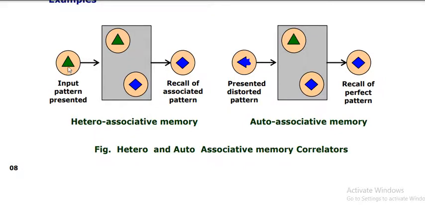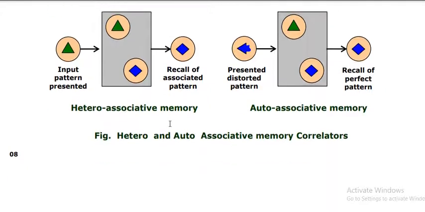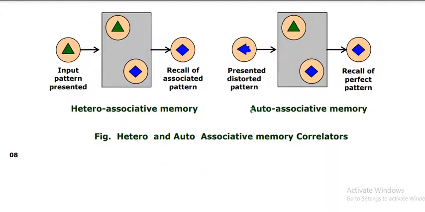The output will be the diamond shape, because that is how hetero-associative memory works. But in the auto-associative memory, when we give an incomplete input, it will give us a complete output like the input pattern.